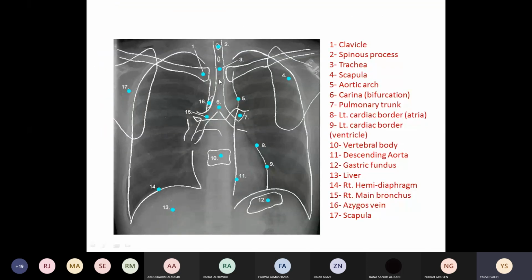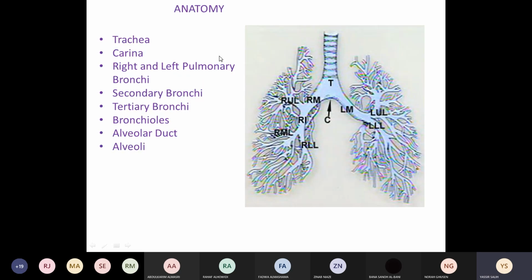The trachea normally lies midway or slightly deviated to the right. Since it contains air, we see it as a translucent tubular structure in the midline, and it may be slightly deviated to the right. This is the normal position of the trachea.